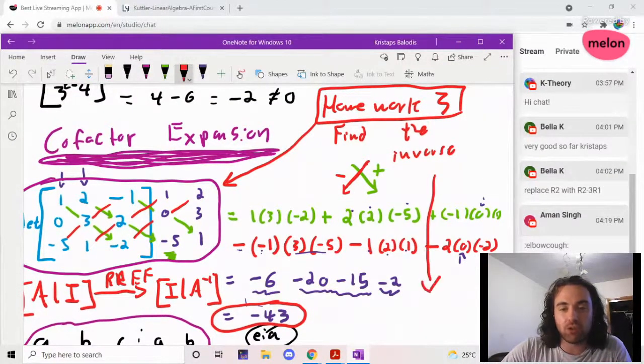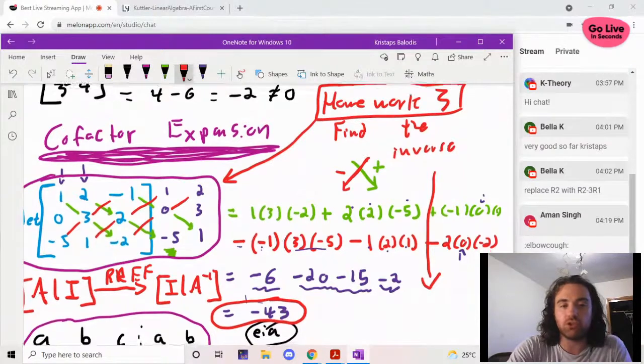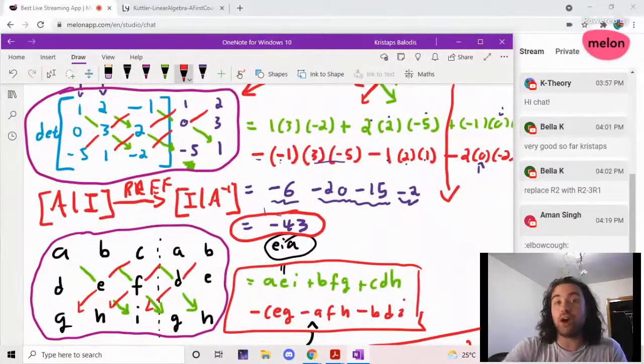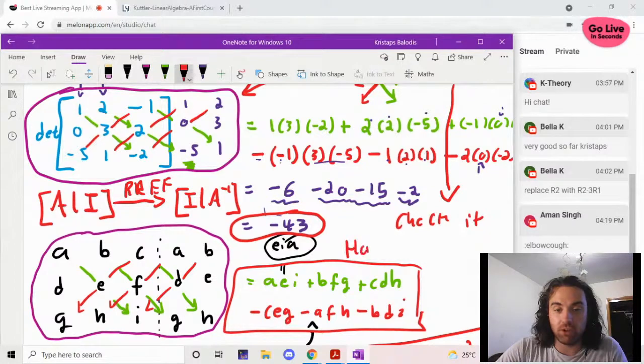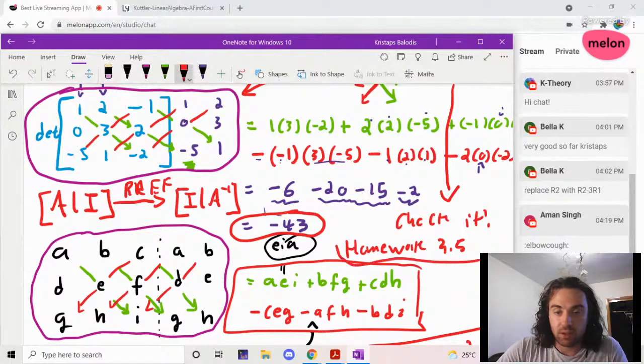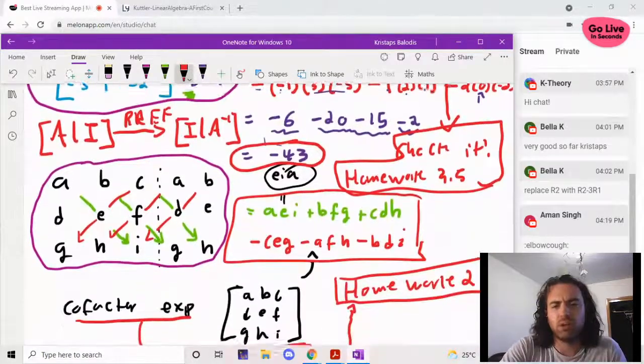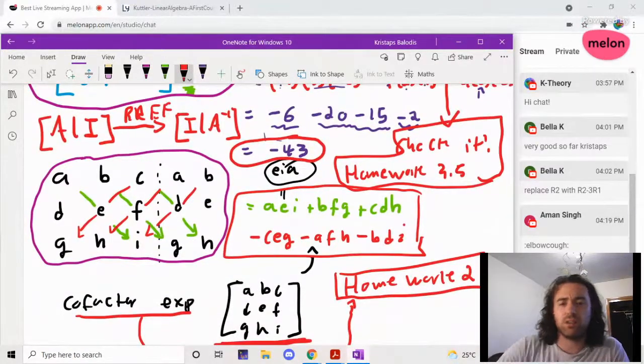And then finally, let me even give you one more piece of homework. The great thing about this is all of these you can check. So once you've found what you think is the inverse, check it. Maybe call this homework 3.5. How can you do that if you don't have a professor or me sitting there grading your work?